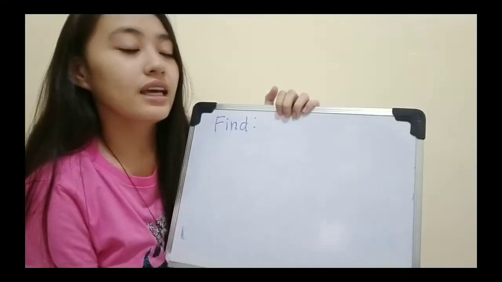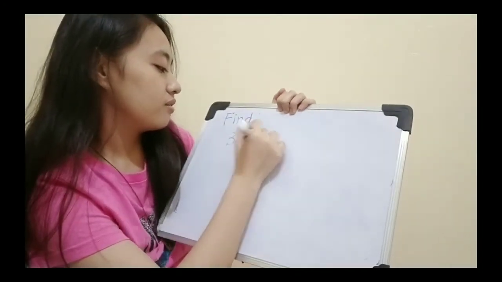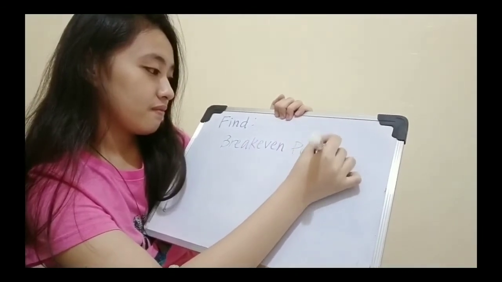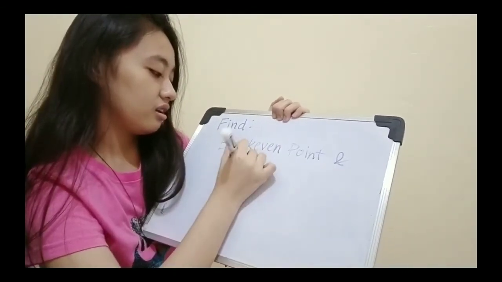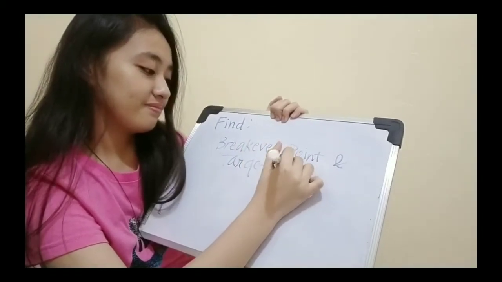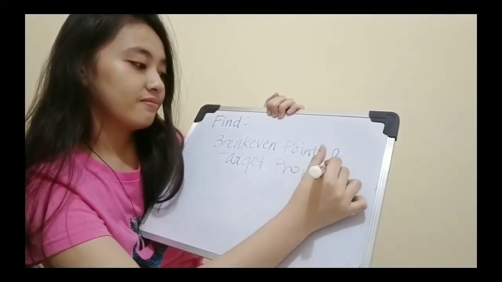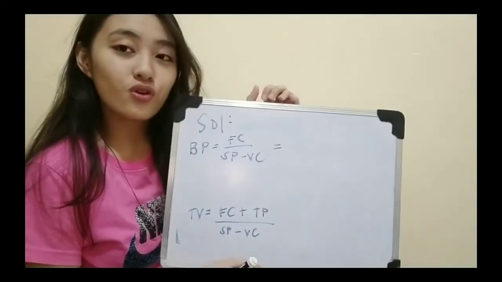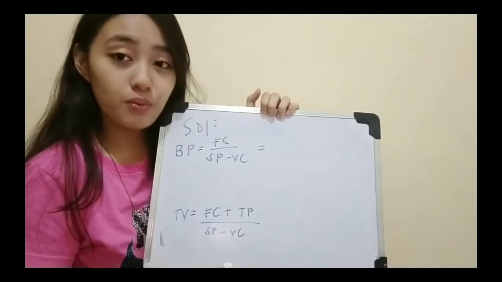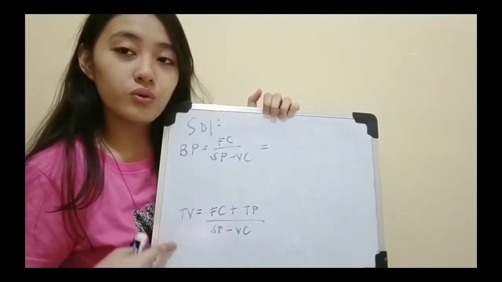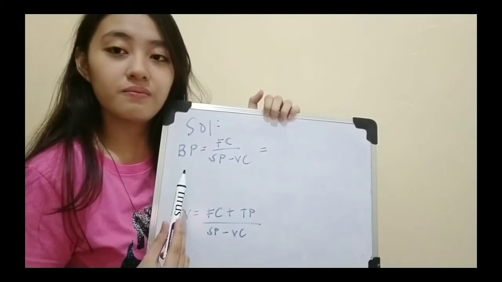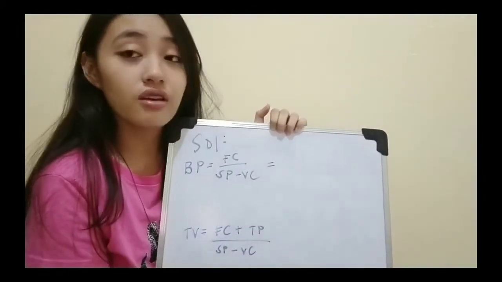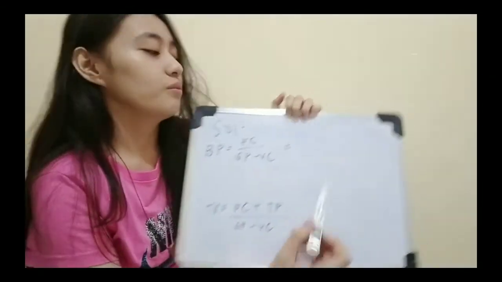So what we're finding in this problem is the break-even point and target profit. And now we're going to solve for the problem. So since the break-even point and the target volume is what we need to find, these are the formulas that we're going to use, and we're just going to substitute the given values to these formulas.